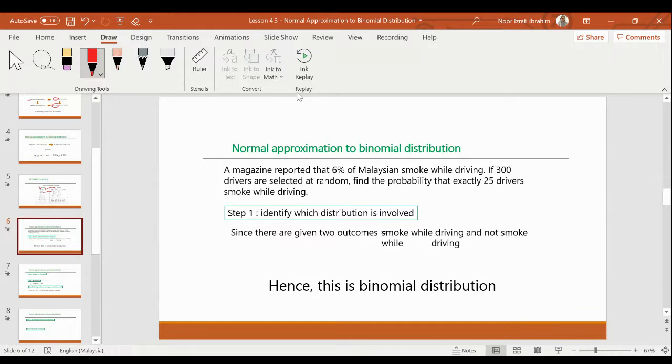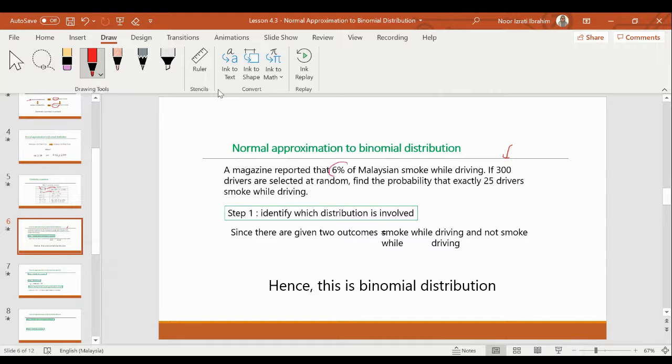When there are only two possible outcomes, that means this is binomial, because binomial is the distribution of a random variable with two outcomes. If 300 drivers are selected at random, find the probability that exactly 25 drivers smoke while driving. All right, this is binomial.